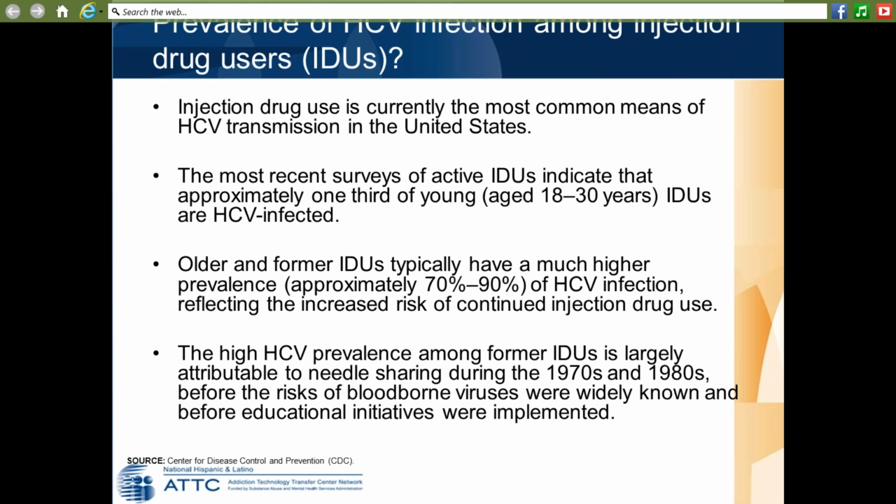The high hepatitis C prevalence among former injection drug users is largely attributed to needle sharing during the 70s and 80s, before the risks were widely known and before educational and testing initiatives were implemented on a wide scale.